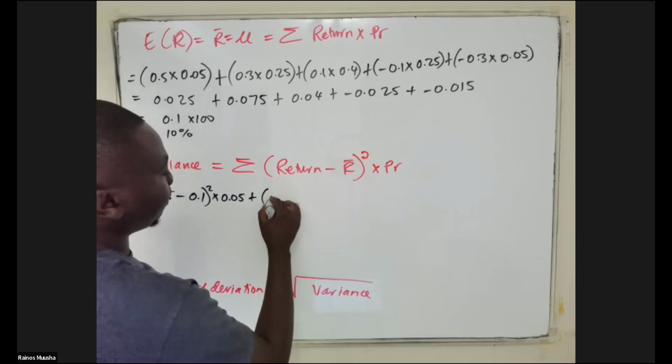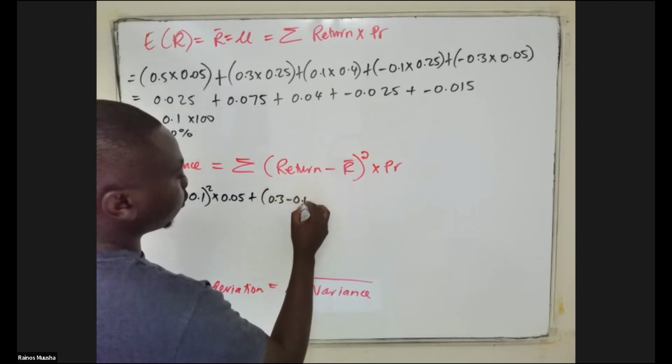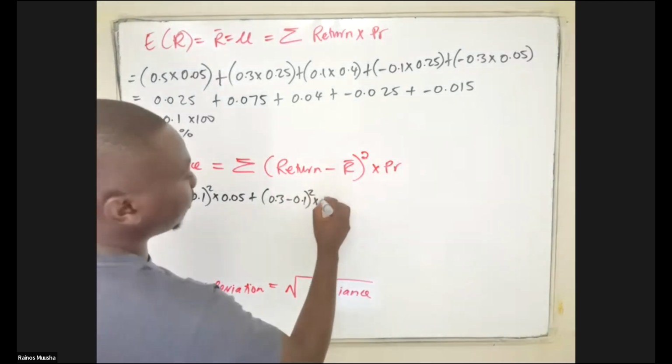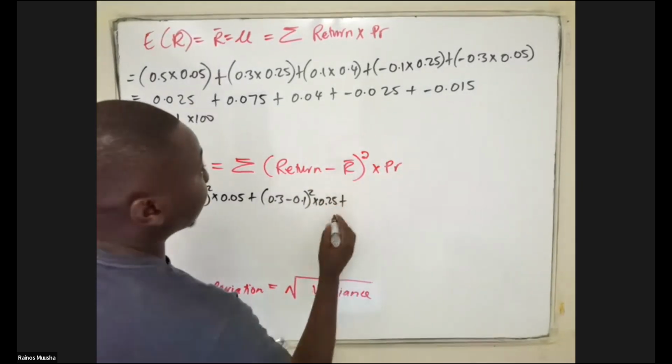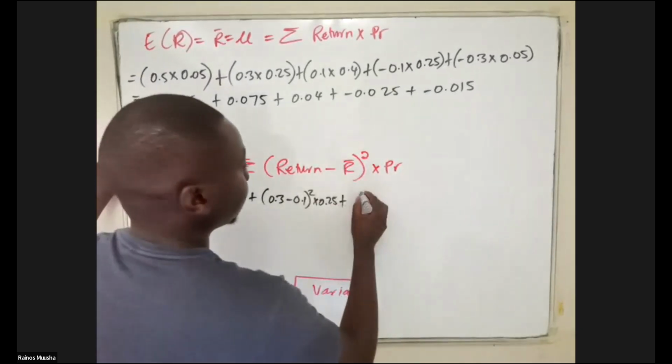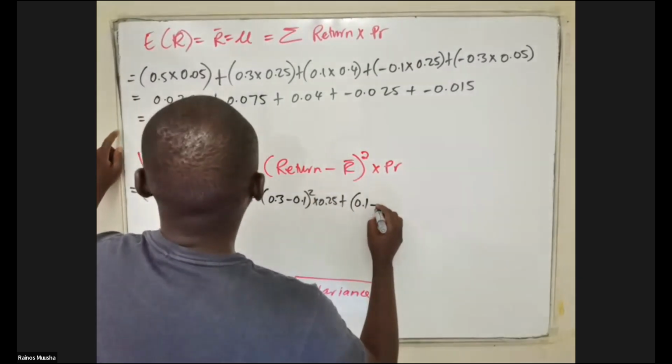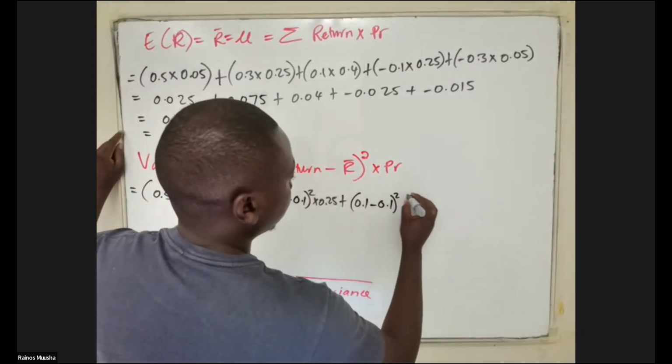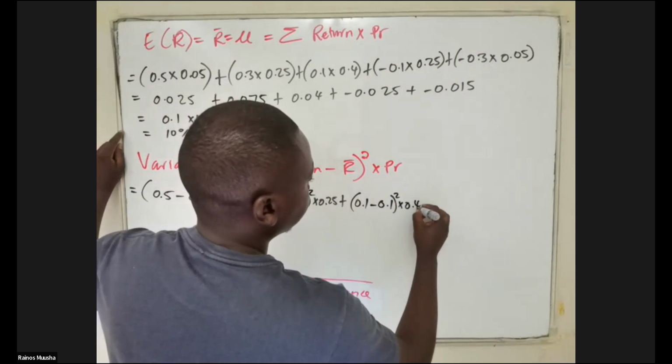Then you go on to the next scenario. Your return is 0.3, the expected return is 0.1. You square that times the probability of 0.25. Plus, the next scenario, your return is 0.1, your expected return is 0.1, you square that times the probability of 0.4.